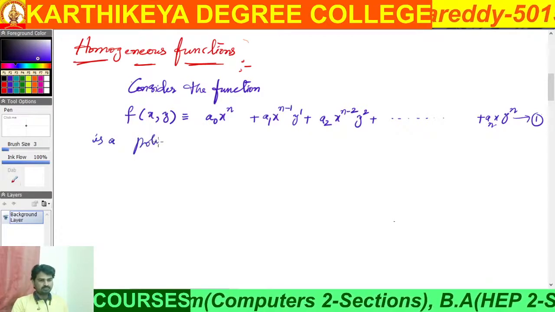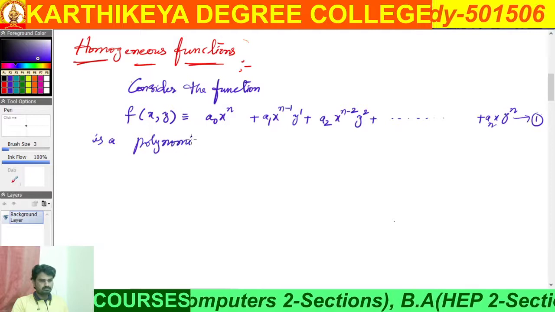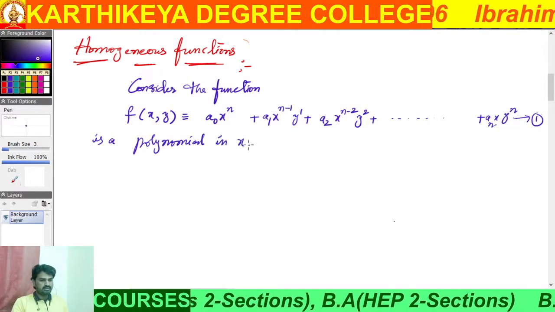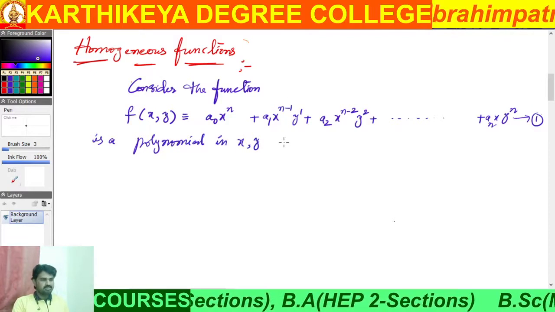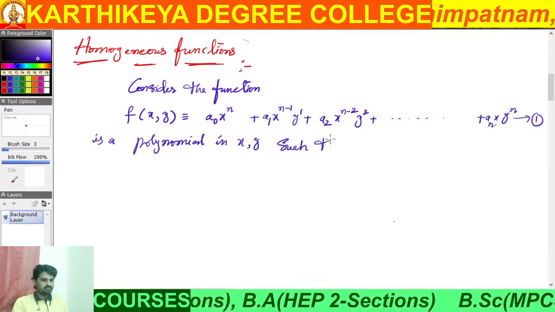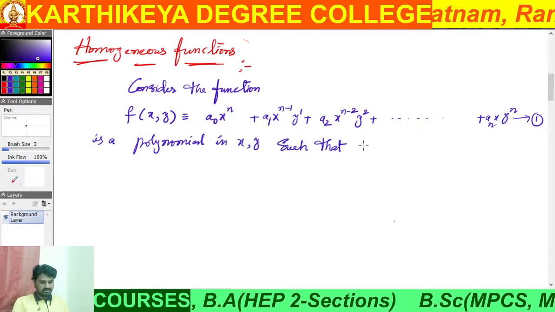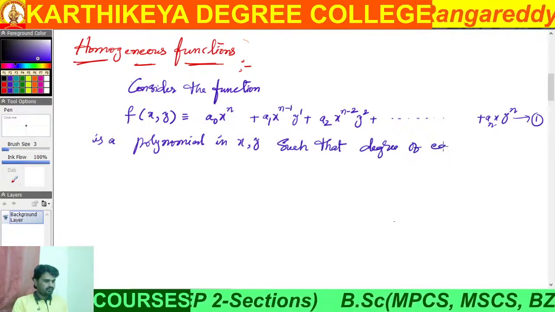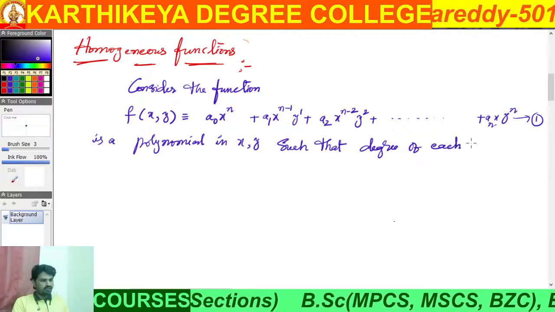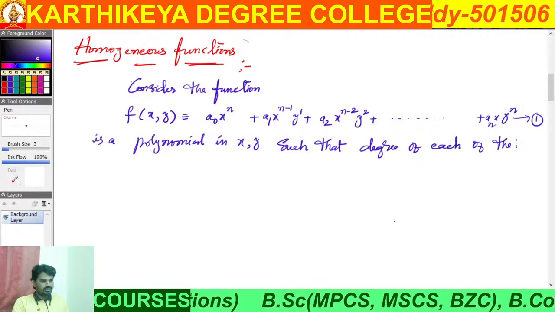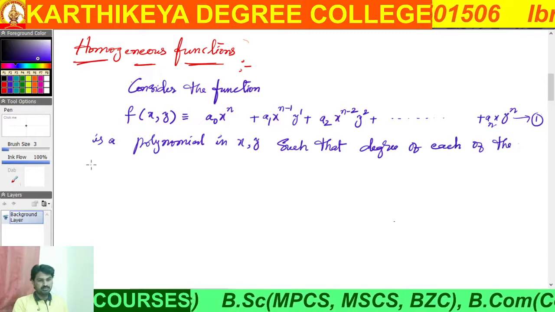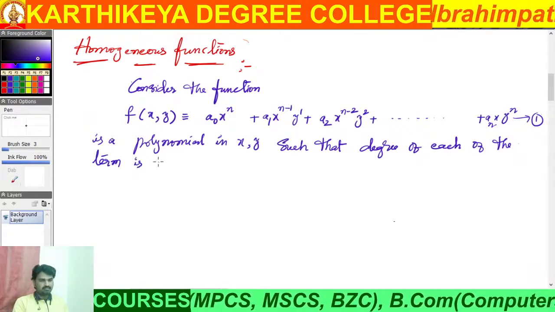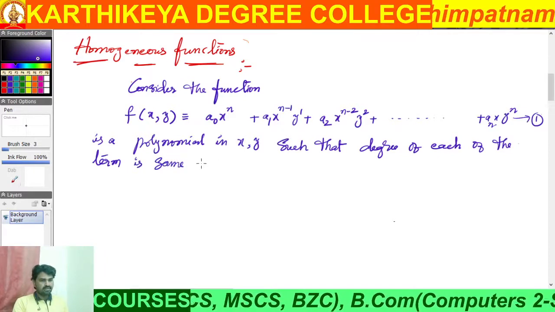So here you have to write: a polynomial in x comma y, in x and y variables, such that the degree of each of the terms is the same.